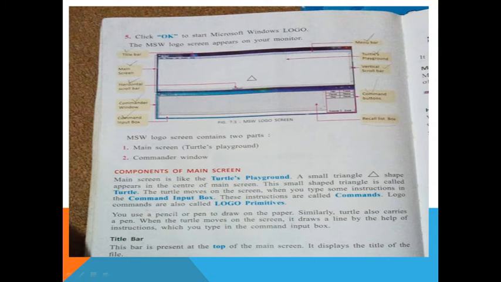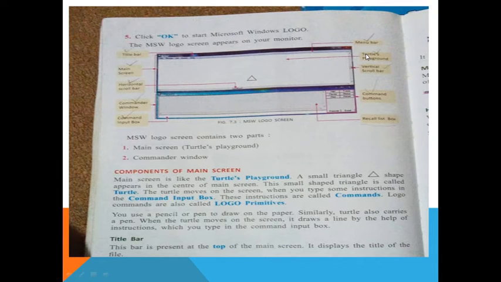Okay, so the MSW Logo screen contains two parts. Main screen means the playground, then commands. After that you will come to the components. I told you here are the components.